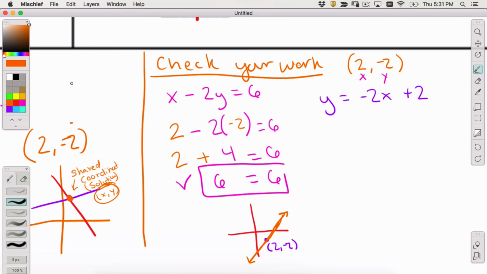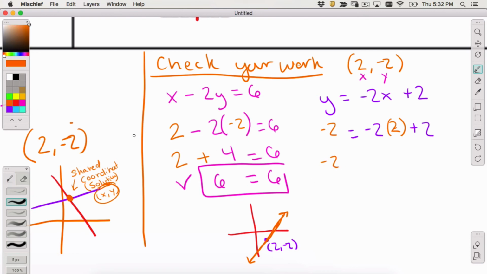All right, let's do the same thing here. We're checking our work, continuing on. We have our y value here, which is -2. -2 equals -2 times 2, oops, positive 2. Yep, plus 2. Now let's see if this works out as well. I'm hoping it does, because that would be embarrassing.